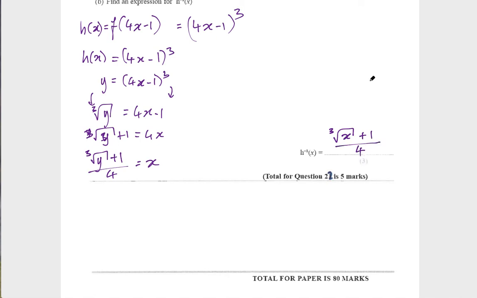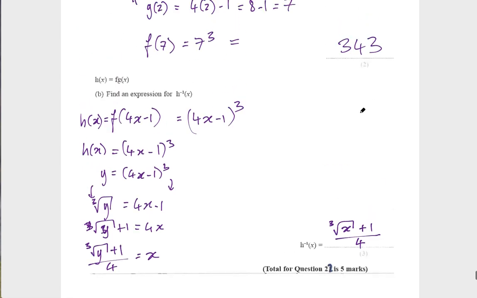The other way to look at this is to think of the order that things have happened to x. So you can say x has been multiplied by 4 to give you 4x. It's then had 1 subtracted from it to give you 4x minus 1, and it's then been cubed. Quite hard to write a cube sign, so I'm just going to write cubed. And if we go in the inverse order with the inverse operations, we'd go cube root.